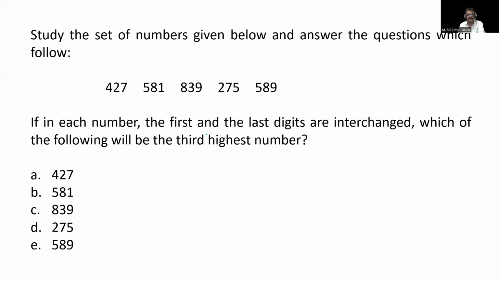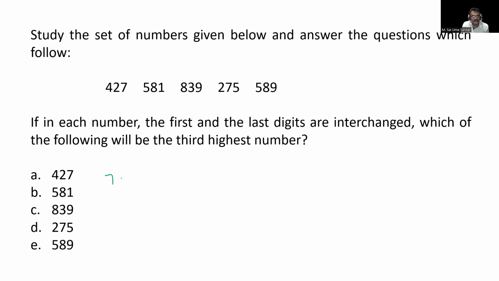Right. Next one. If in each number the first and last digits are interchanged, which of the following will be the third highest number? See, suppose the first and last digits are interchanged, then what happens?